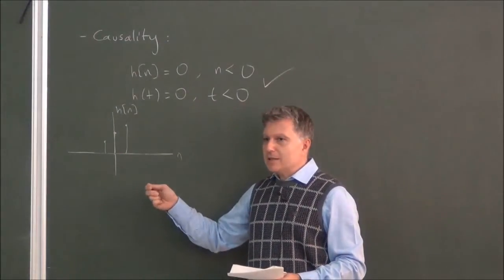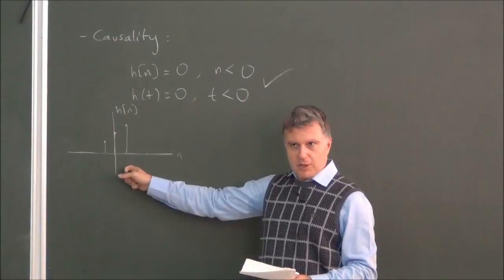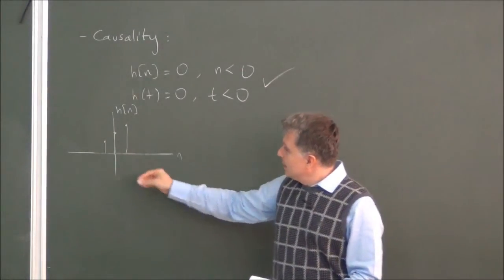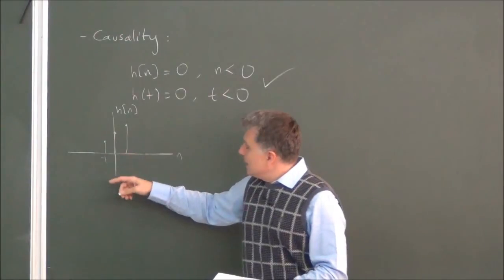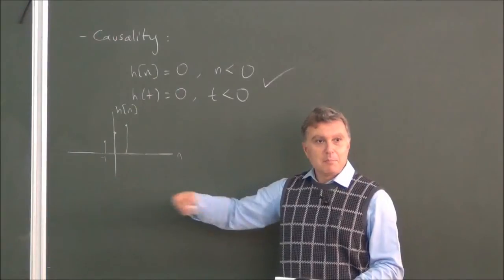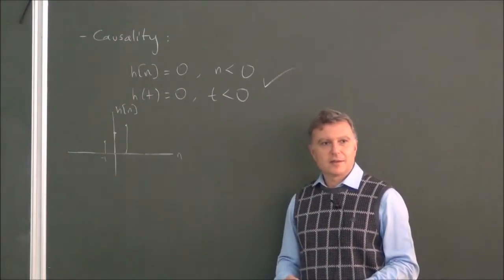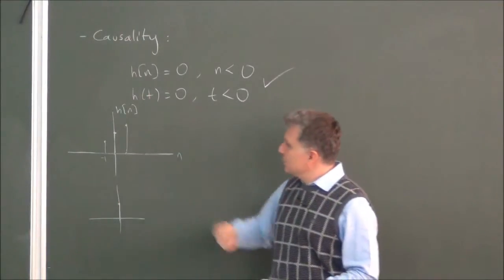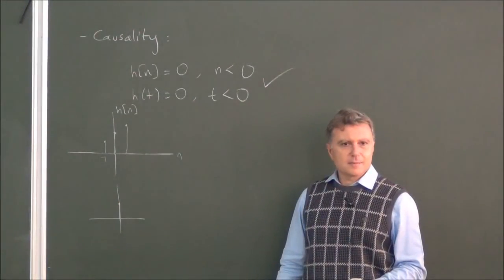So what is the response? It's here. This is the impulse response. And it says that the impulse response has started to exhibit itself at -1 already, before the input arrives. The input is in the center and the output is here. So is this a causal system?